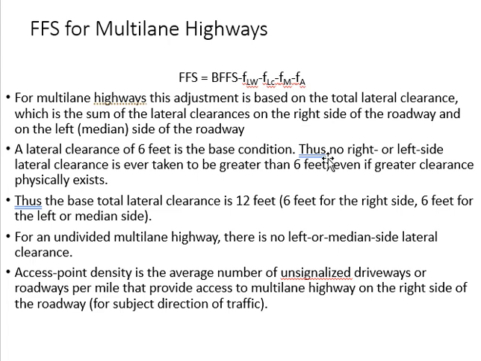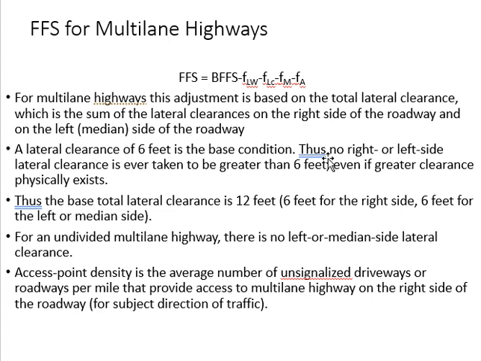So in FM, we have a factor because the highway is undivided. In FLC, the factor will change because the highway is undivided. So you see duplication of effect: one thing affecting the same equation twice.